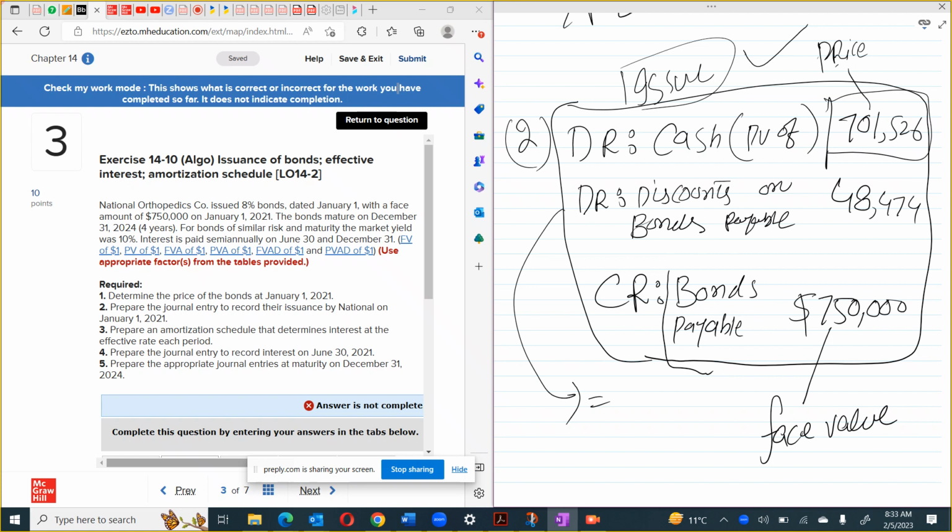How will you calculate the cash interest? Face value, the stated amount, multiplied by the coupon. How will you calculate the recorded interest? I will write the formula here. Recorded interest is the cash interest plus the increase in balance.